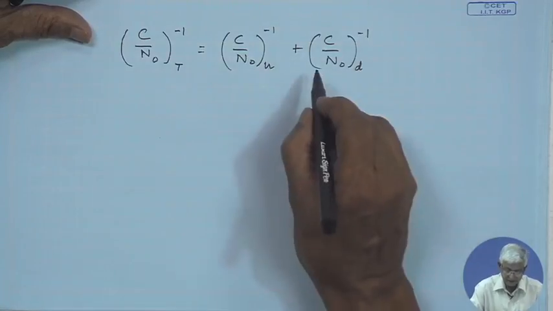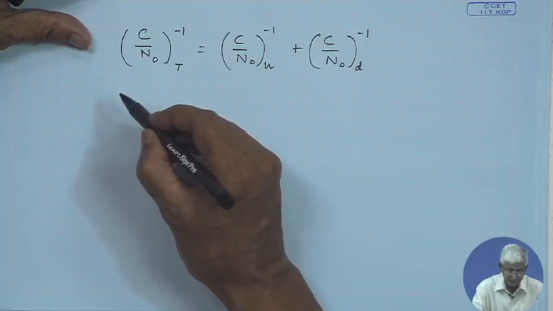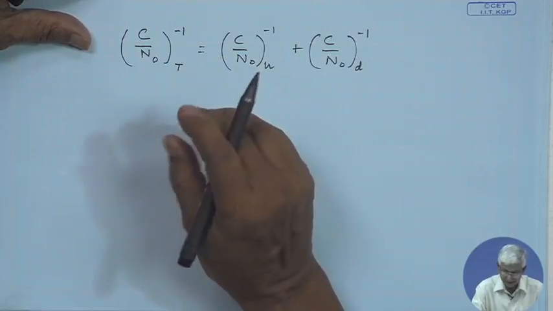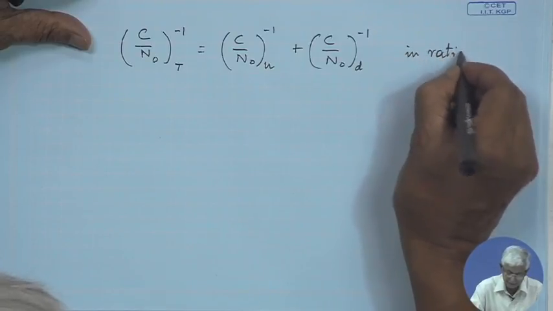So, for this calculation, if C by N naught is given in dB hertz, convert it into C by N naught in ratio.